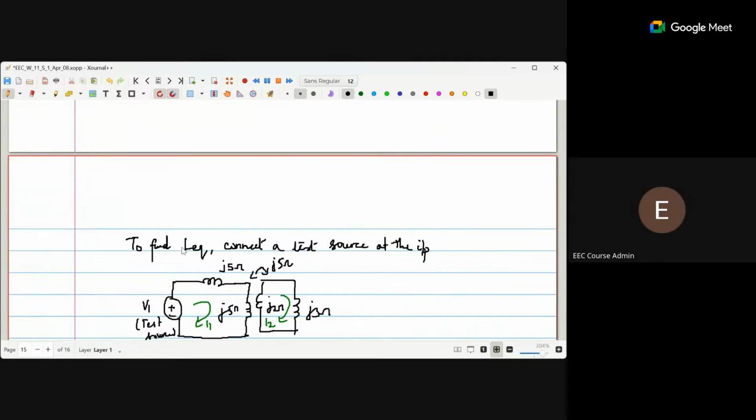Then we would have taken anti-clockwise for I2, right? That will make a change in the equation. Am I right?